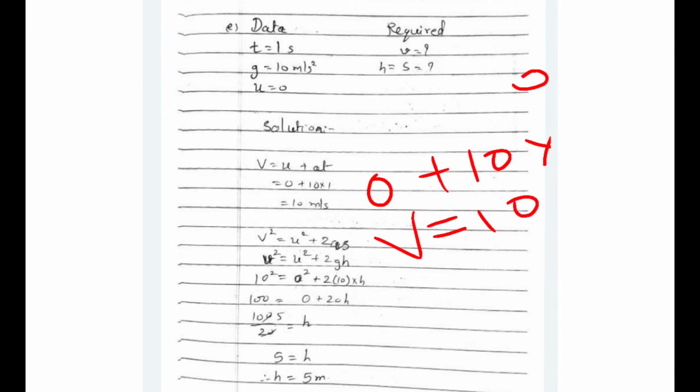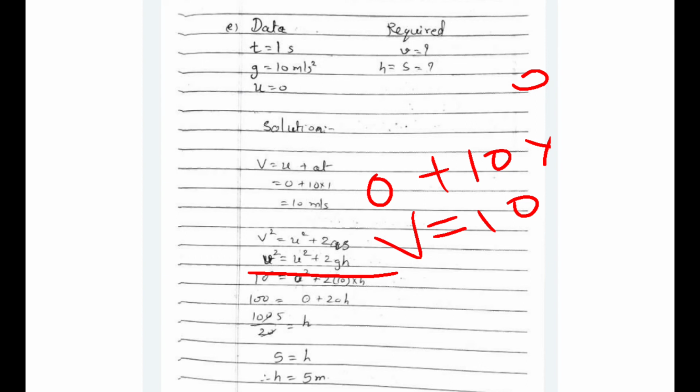So once you get the value of v, then we will use the third equation of motion. v square is equal to u square plus 2as. Of course here a is g and s is h. So what is our formula will become? Our formula will become as v square is equal to u square plus 2gh.